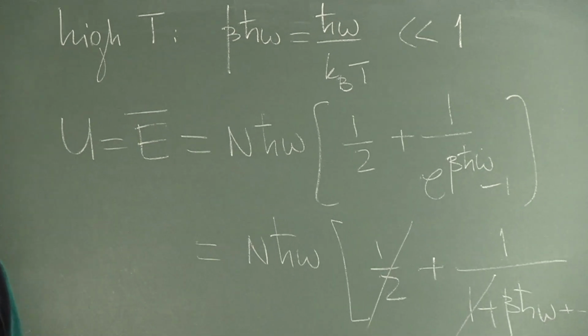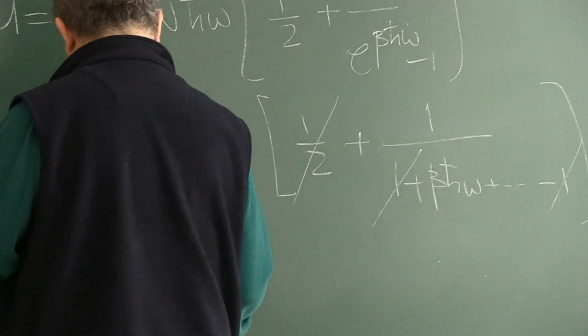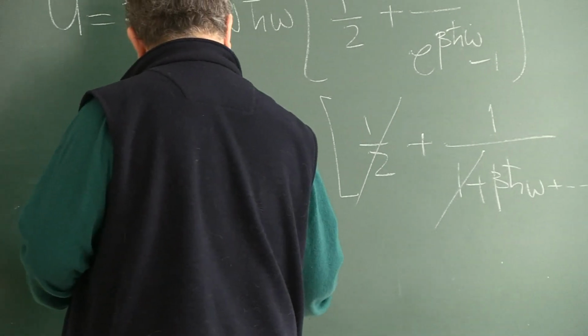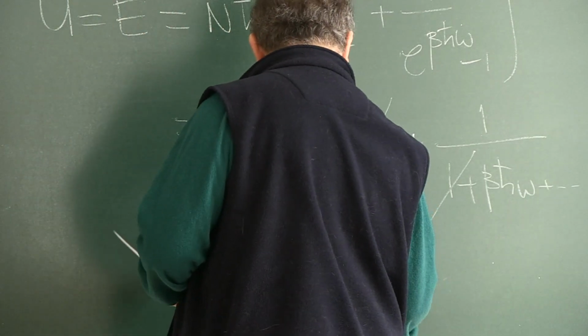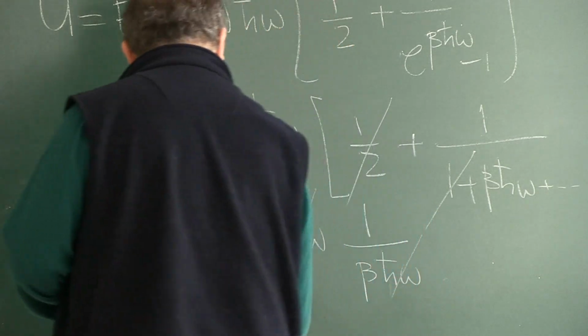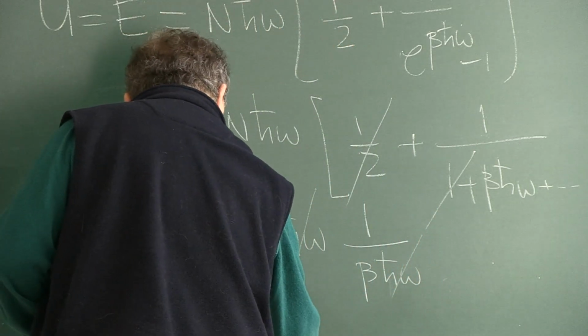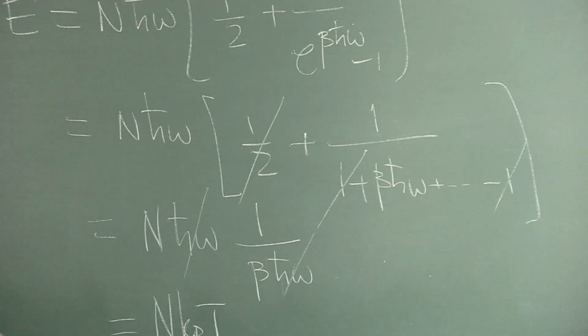It's a very large number. So the result is N ħω times 1 over βħω. ħω cancels. We have N kBT. That is the classical result, isn't it?